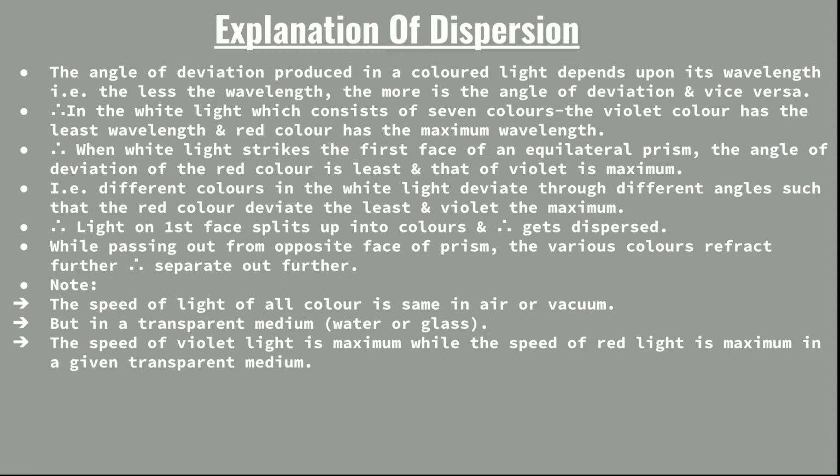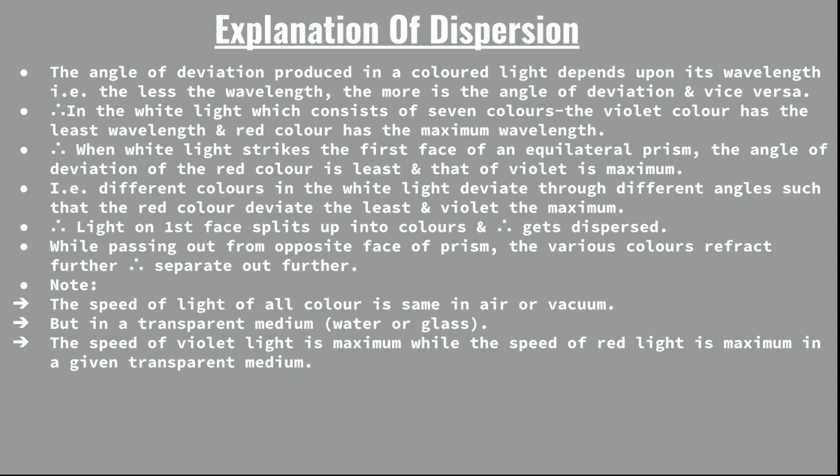Therefore, violet deviated the most, and red deviated the least. So different colors in white light deviate through different angles, such that red deviates the least and violet the maximum.